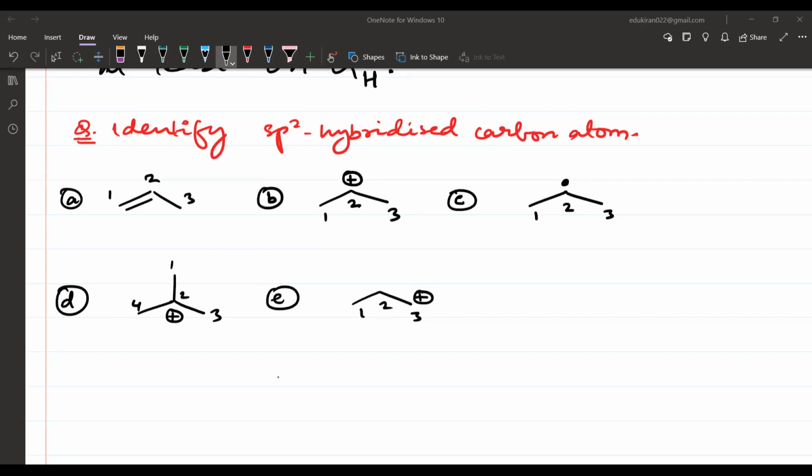Send the answer whatever you have done till now. Devangi, Iram, Jania, please send the answers whatever you have done till now.